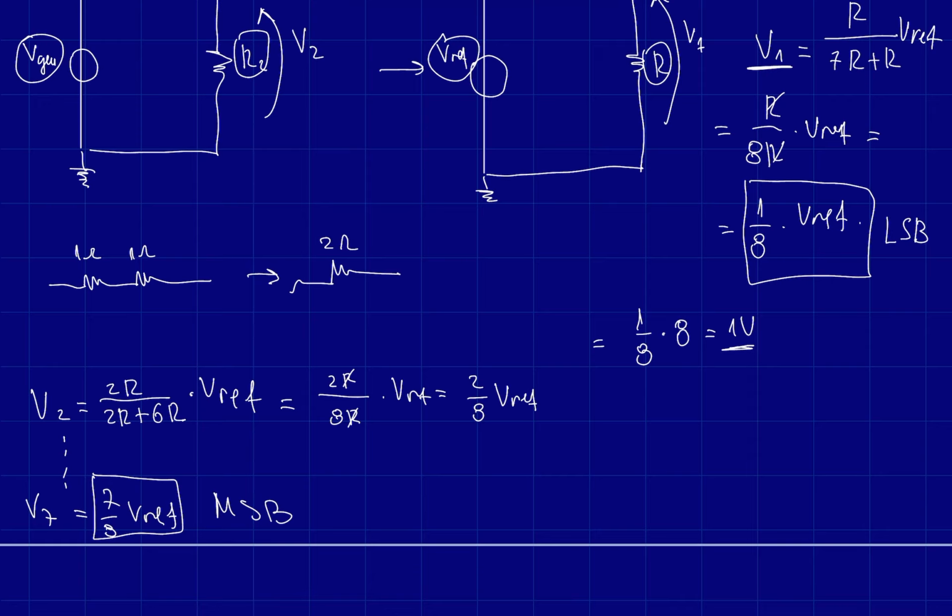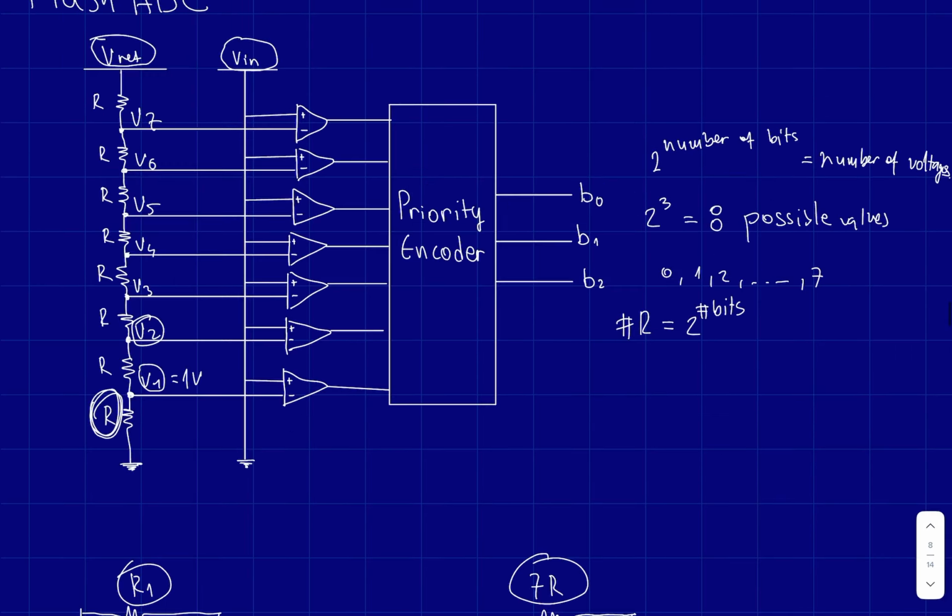Vref is something that stays there and is stable, and Vin is what we call an analog voltage. It is the analog voltage that we actually want to represent as a digital voltage, and the little triangles on the right are called comparators. We use them to compare Vin with Vref.